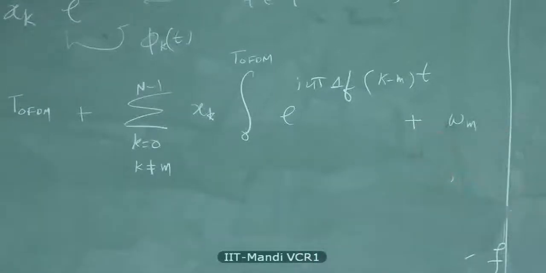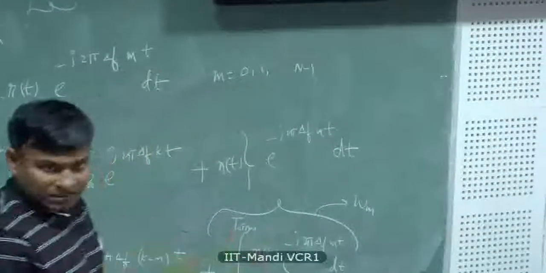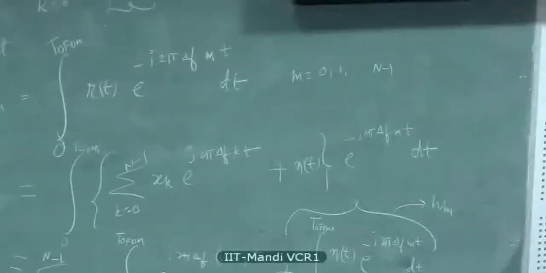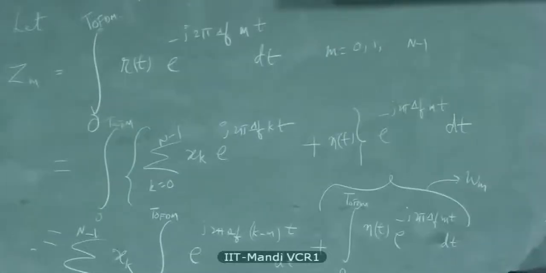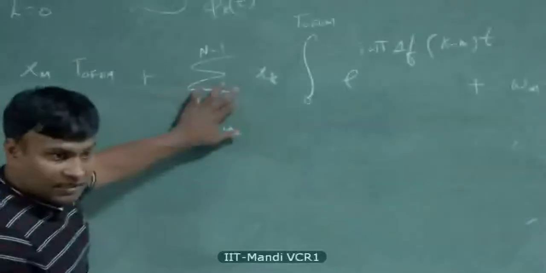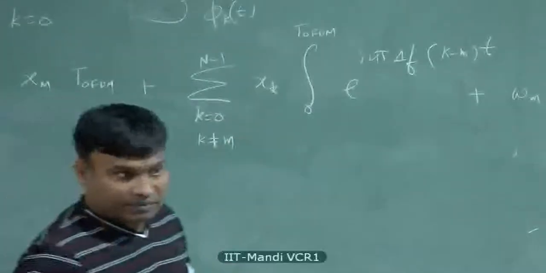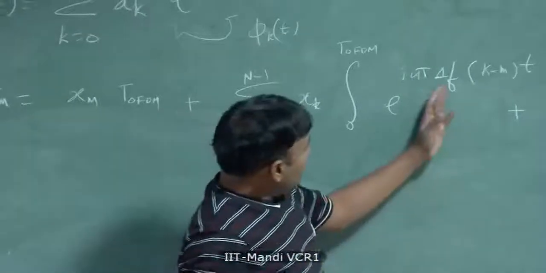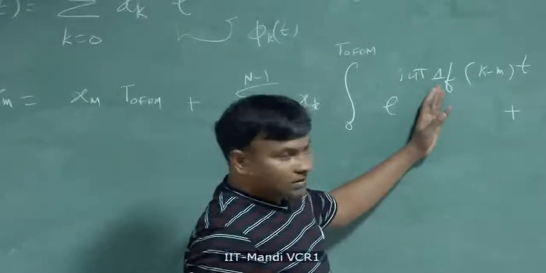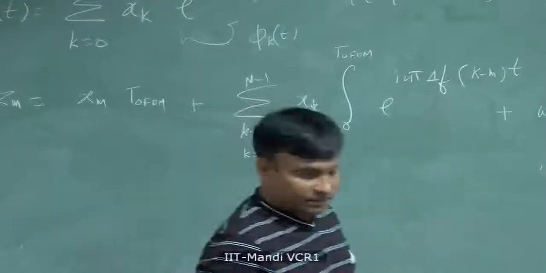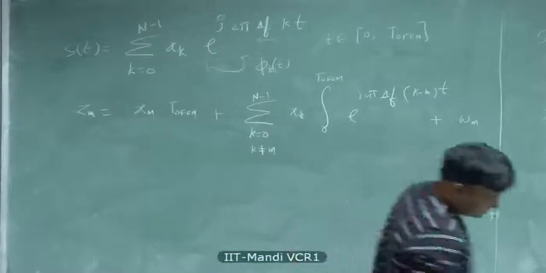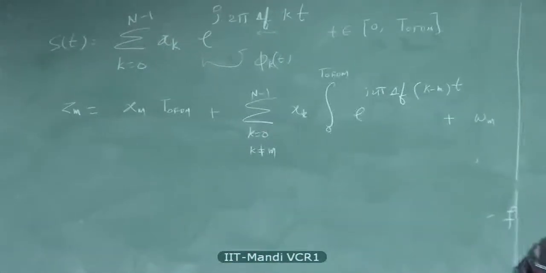That is this filtered noise. Well, this is the unwanted term, right? There is a useful part, and this is the interference coming from the other carriers. So you want to drive it to 0. For a given choice of delta f, hopefully we can drive it to 0. So what would be the suitable choice for delta f here? Any idea?